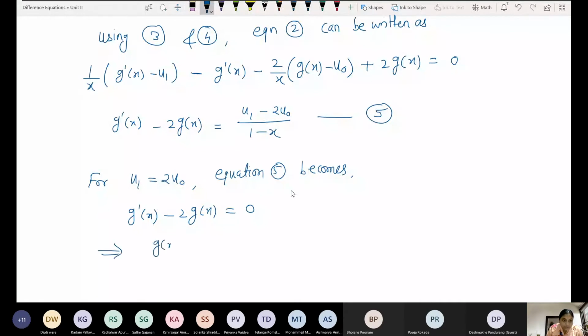This implies g of x is equal to, what is the solution of this differential equation? This is not a difference equation, this is a differential equation, a first order ordinary differential equation. What is the solution? e raised to 2x. But what is e raised to 2x?